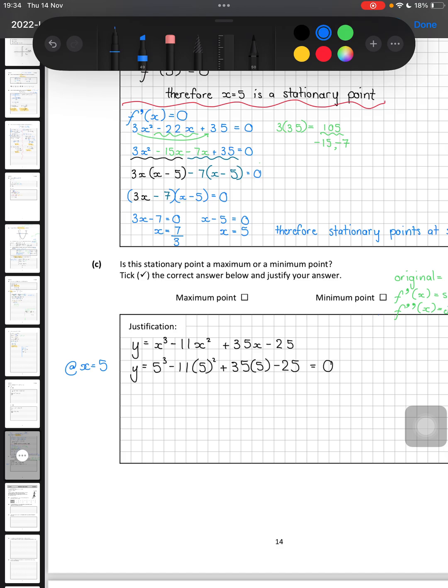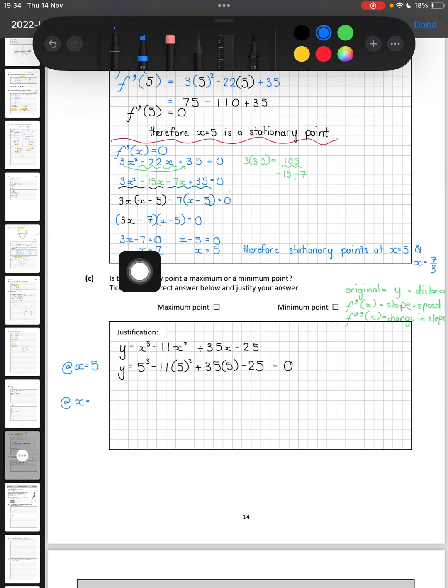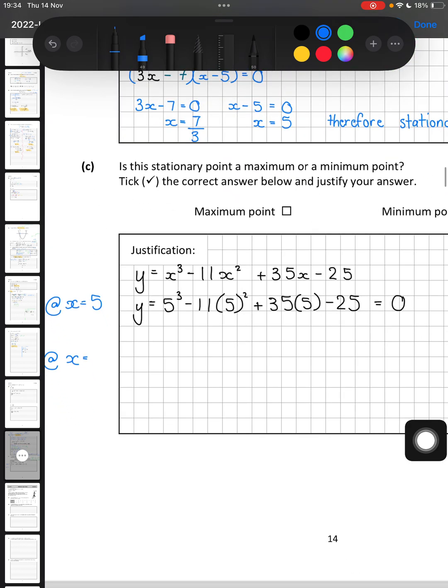And then let's do it again at x is the other one that I got, 7/3. I've literally just typed this into my calculator with 5 in brackets everywhere, which is super handy for me when I'm subbing this in the next one, because I can just delete 5 from all the brackets and put in 7/3 everywhere that I get rid of the 5.